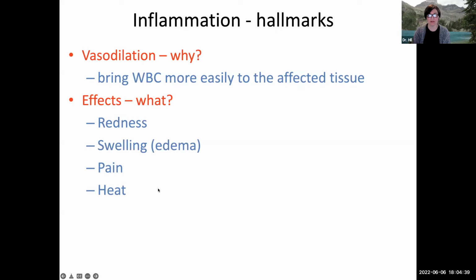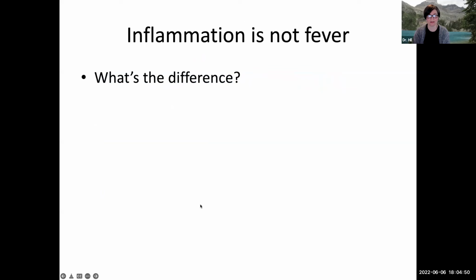Now, some of you mentioned fever. That's not an inflammation hallmark, but it is a complementary separate process that's distinct from inflammation that we'll talk about next. So the difference is that inflammation is like a local swelling and heat and redness. Fever is a systemic increase in body temperature.